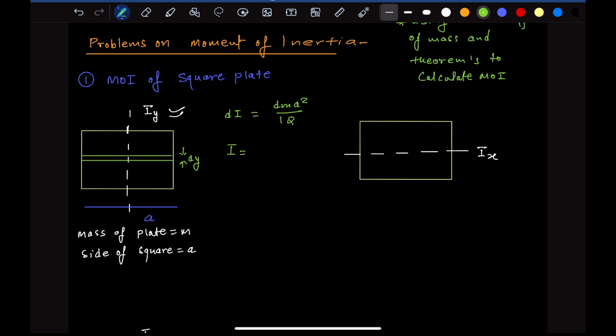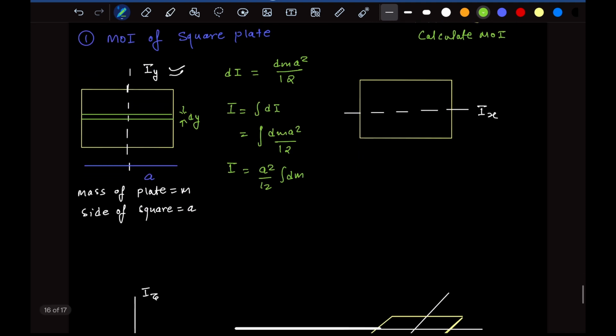So I will integrate dI, and that will be the integration of dm a square divided by 12. Now a square divided by 12 is just a constant. I can take it out of the integration. So I will have a square divided by 12 times the integration of dm. And what is the integration of dm for the complete plate? It will be the total mass of the plate. So that's why Iy will be m a square divided by 12. So I have used integration, and using integration I have calculated it.